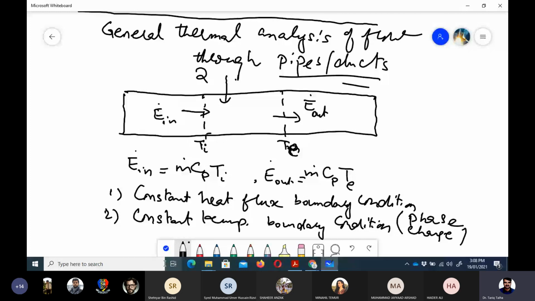So now we are going to discuss the effect of these two boundary conditions on the pipe flow one by one. So first of all, we consider the constant heat flux boundary condition.